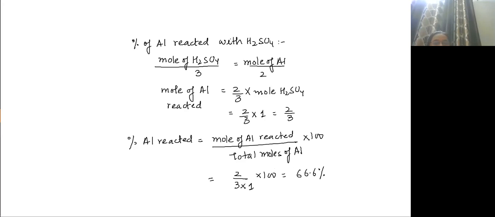If the question asks you to find the percentage of Al left or remaining, it will be moles of Al left divided by total moles of Al into 100, or directly from 100 minus 66.6 you can do. That is the mole that is not reacting.